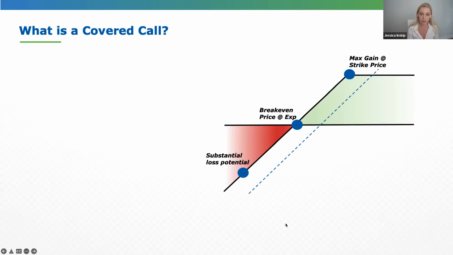So with a covered call, you actually shift the profit and loss diagram to a positive end. What I mean is, if this was a naked call, so I didn't own an underlying security, it would be on the other end, because that's neutral to bearish. But since you own a stock in this situation, you have it as collateral for your covered call. It actually turns into a bullish to neutral, or excuse me, neutral to bullish position. And that's the importance here.